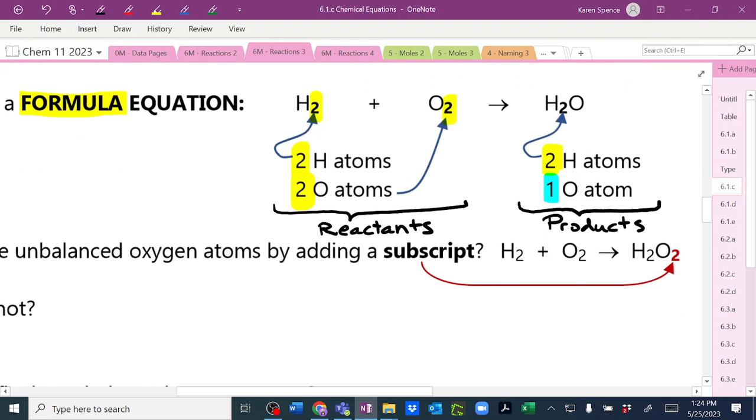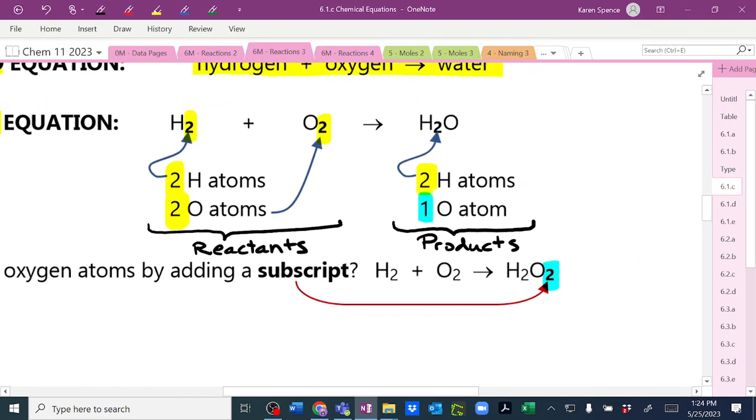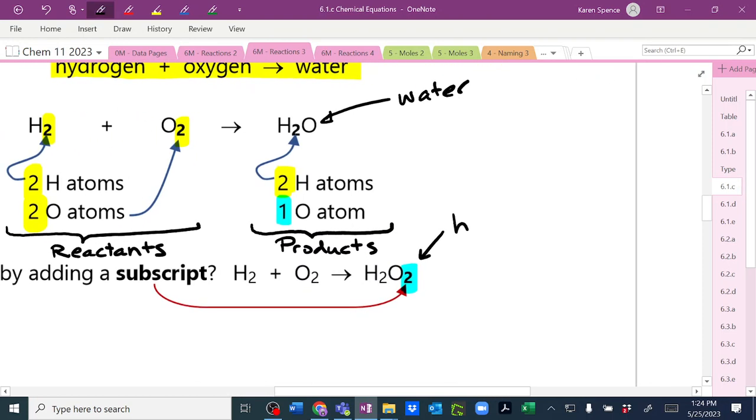Can we fix this problem by adding a subscript? No, because that would turn our lovely water into hydrogen peroxide. Water, lovely to drink, hydrates you, yes. Hydrogen peroxide, you pour it on a wound and it bubbles and turns your skin white. Okay, and like destroys the tissue, essentially.